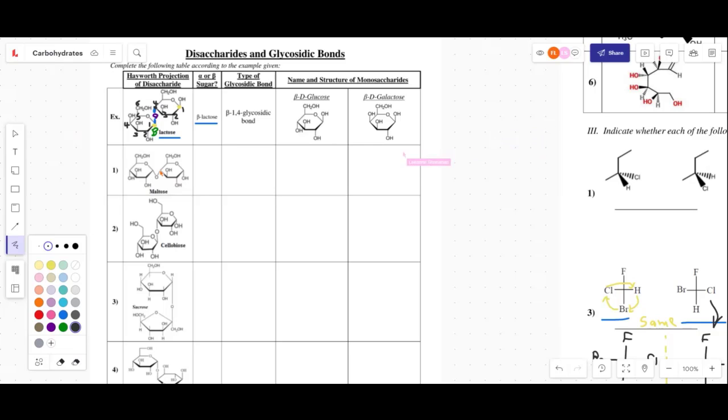Remember, the anomeric carbon has to be connected to two oxygens. You can draw a little circle on it if you want.